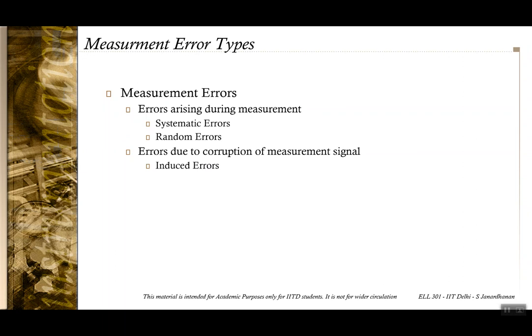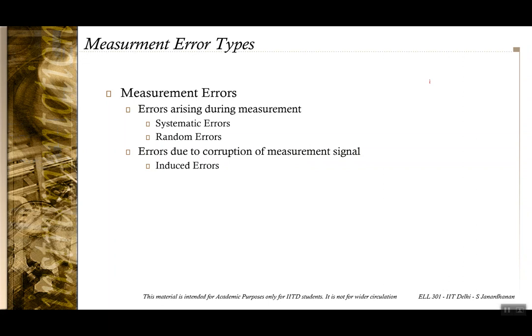Okay, so if we try to categorize the type of errors, we can have errors that arise during the measurement, and errors that arise after the measurement is done, that is, during the transmission.